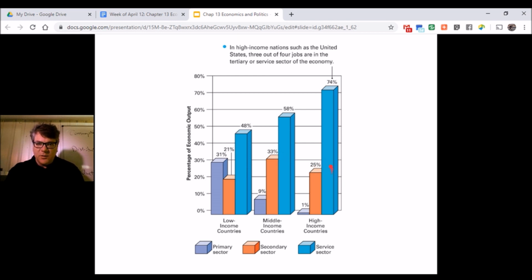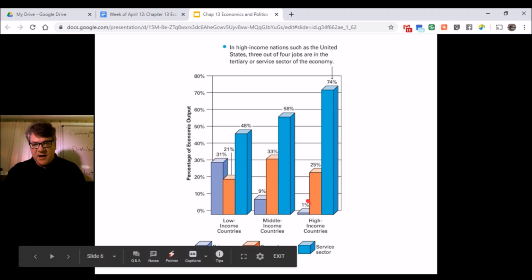People in the United States are not as likely to be working in industrial jobs compared to those people that live in middle-income societies. There's another trend here. Look at those that work in the primary sector. People in low-income societies are more likely to be working in the primary sector compared to high-income societies.